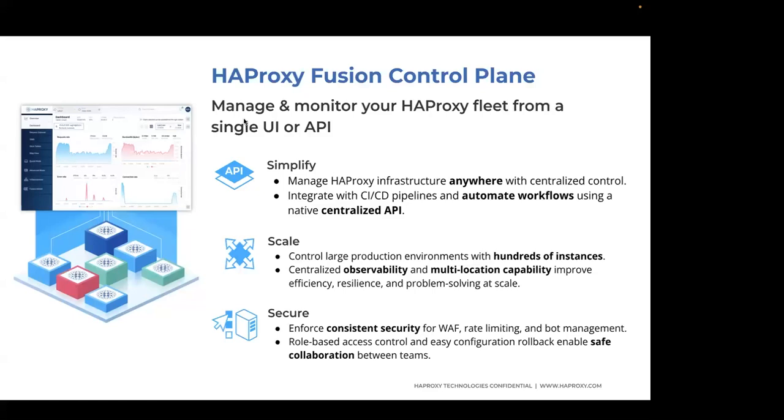But I also want to introduce HA Proxy Fusion control plane. This is an important part of today's webinar. We released the control plane last year, and what the Fusion control plane does is centralize the management of all of your HA proxy instances, your fleet of instances, to make sure that it's simple to configure and scale. This is key because when we're talking about Kubernetes, we might not be talking about one HA proxy instance.